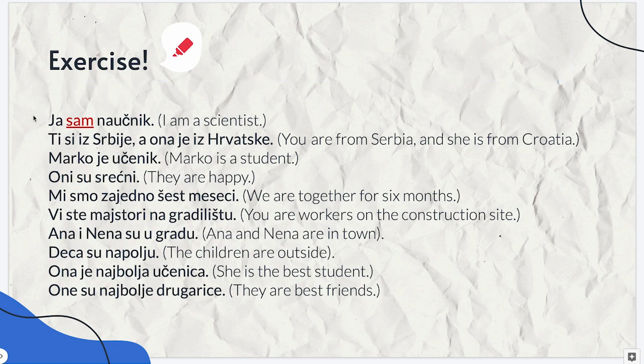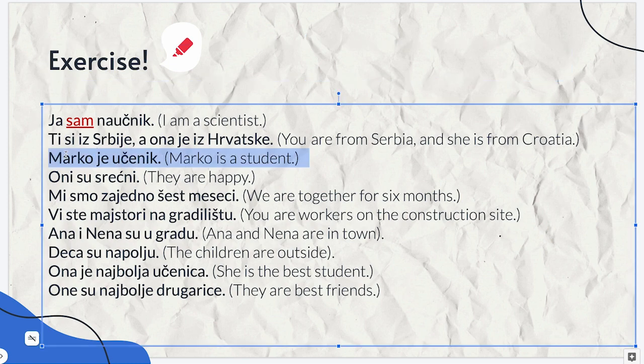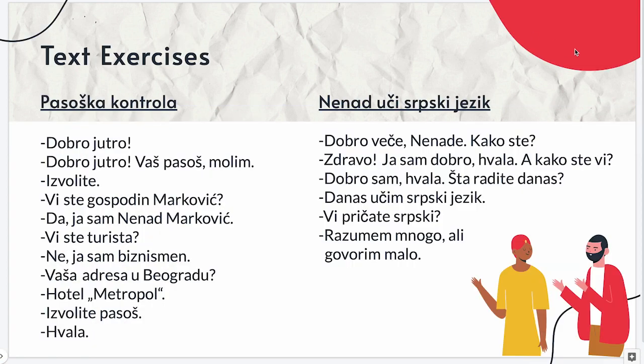When you speak about a person or a name, for example, Marko, that's third person. So it will be je, because the person we're talking about is third person. Doesn't matter if it's a name for a person, a group of people, or if it's a personal pronoun he, she, it, or they.